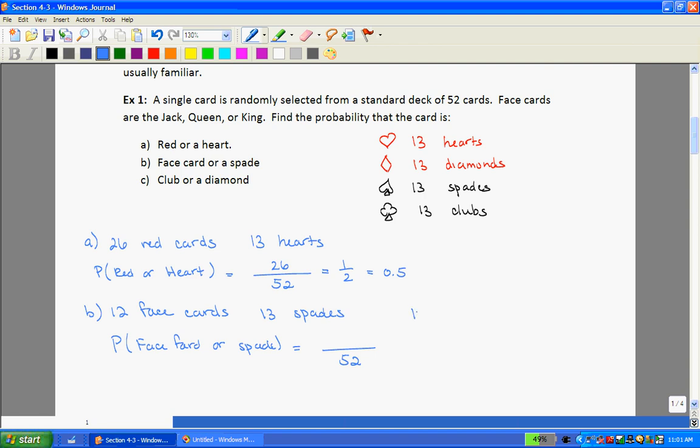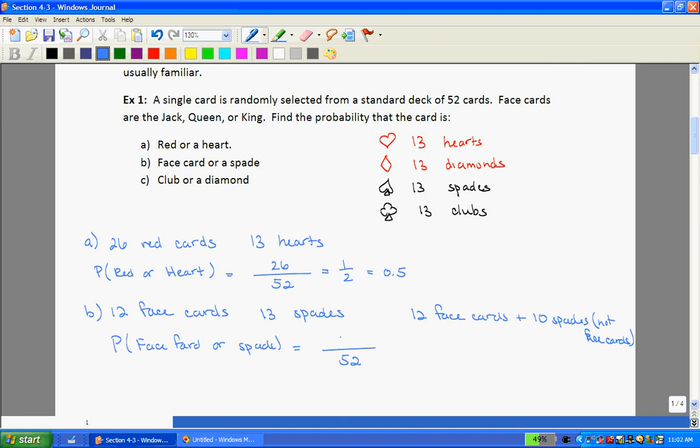So it's going to be the 12 face cards plus only 10 spades that are not face cards, because we've already counted them here.